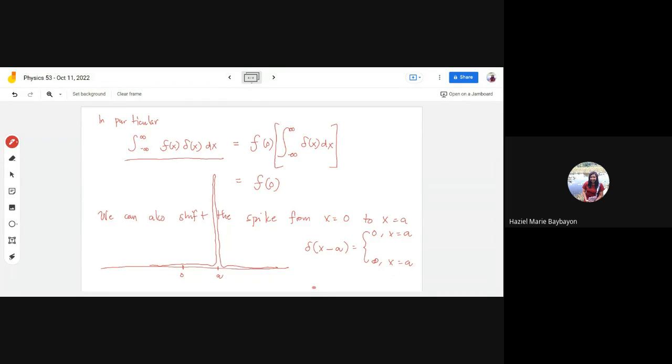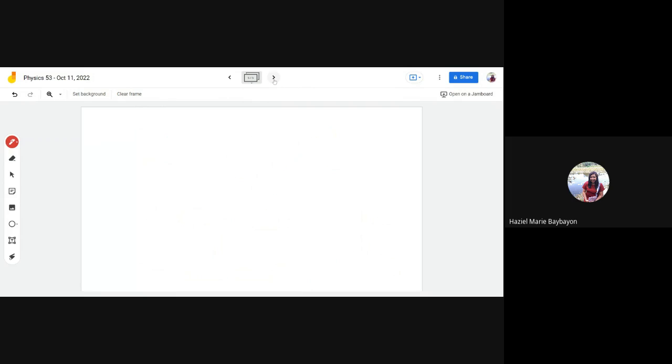Now, if we integrate this function over all space, that means you integrate it from negative infinity to positive infinity. Again, you will get 1.